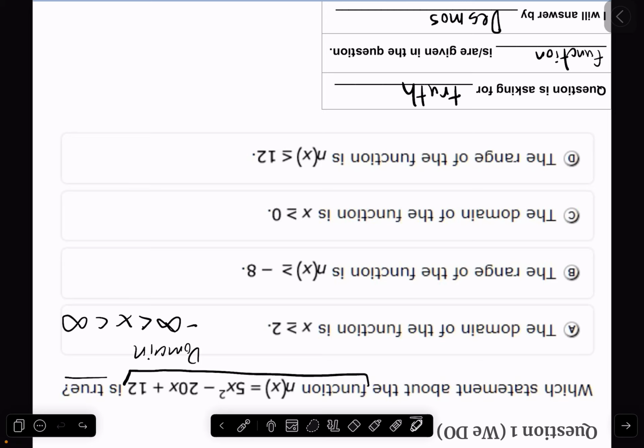With that information, we can look at our answer choices. Well, this right here is definitely different from this, so we can cross it out. This right here is also very different from this, so we can cross this out. As a side note, there's another way to write domain, which would be all real numbers.